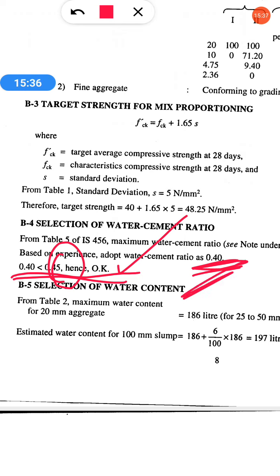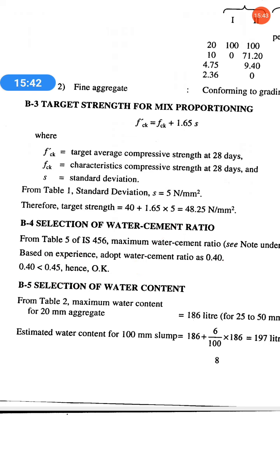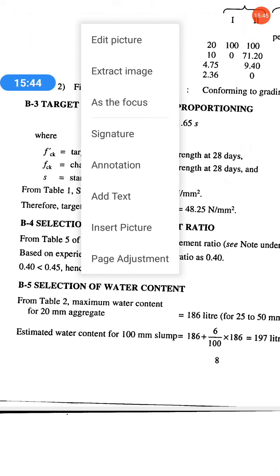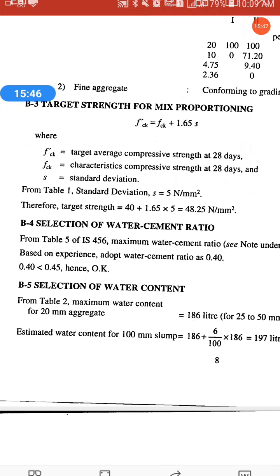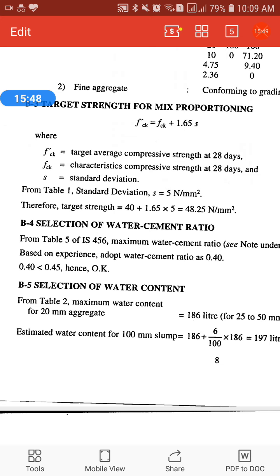Now selection of water content. See table number 2 of this code. From where will we select the water content? From table number 2, maximum water content for 20 mm. We have been given the type of aggregate as crushed angular aggregate, and the maximum size of aggregate is 20 mm.